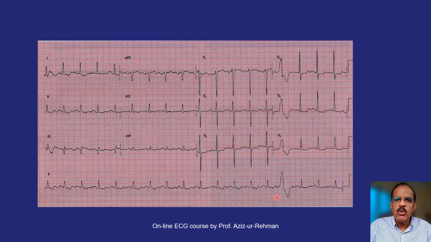But suddenly you notice something which is very different. You see a depolarization which is very different from normal sinus beats. How is it different? It is much broader and much bigger, and it is followed by an ST and T wave, which are again of different morphology, and it has come earlier than its expected time. So there is something going on.